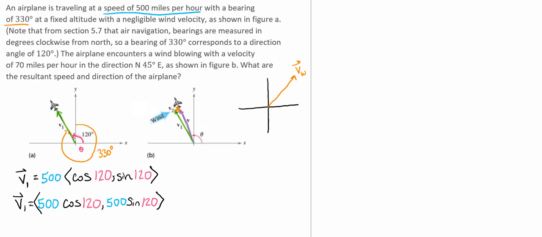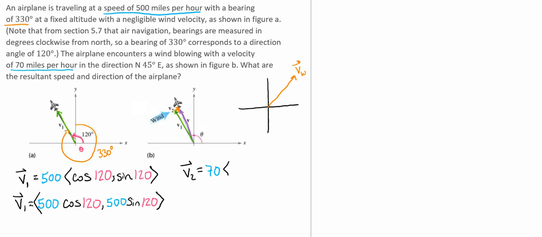So I know that I'm going to need a second vector, vector 2, that represents my wind. We were told that it had a speed of 70 miles an hour, so that's going to be the magnitude of our wind vector.